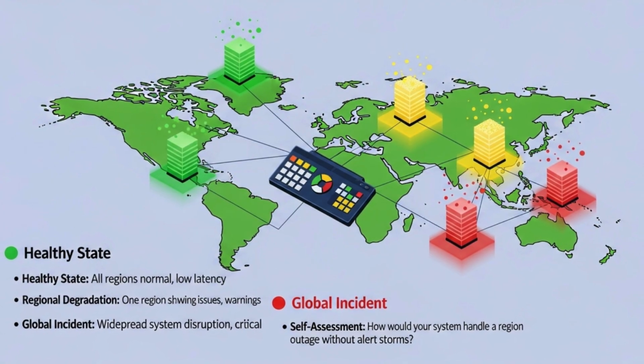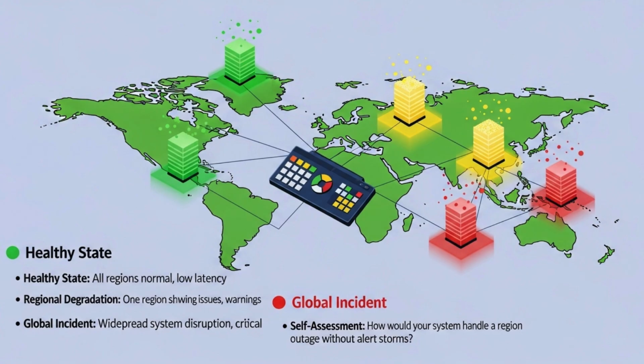Effective monitoring isn't just about detecting problems, it's about understanding the state of your system. Our architecture defines several critical states to guide our response. We aim for a healthy state where all regions operate normally with low latency and minimal errors. When issues arise, we might enter regional degradation, meaning one region shows declining performance, triggering warning alerts. More serious is cross-region impact, indicating problems affecting multiple regions, suggesting a deeper issue.